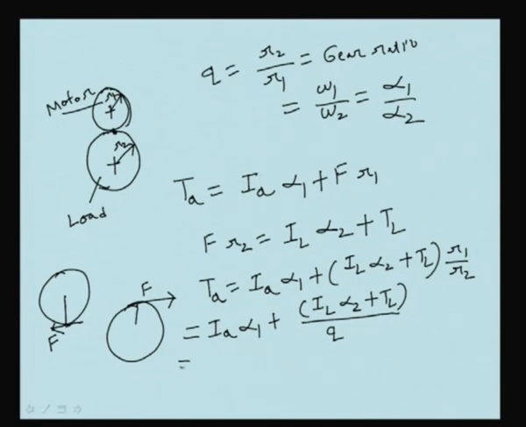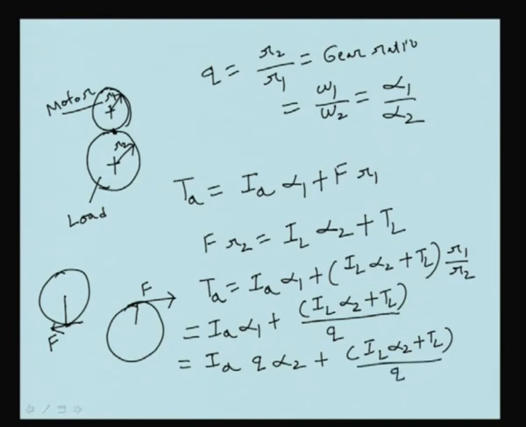So, therefore, better to put it IA Q times alpha 2 plus IL alpha 2 plus TL divided by Q.